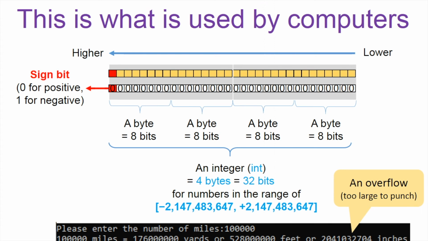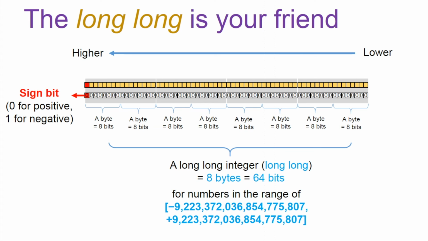Okay, there is indeed an easier solution called long. This is another data type for variable declaration. A long integer takes 8 bytes. That means 64 bits. In that case, you can save a much larger number as shown here.